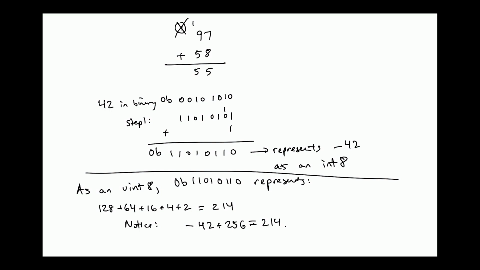What's so special about the number 256? Well, it's 2 to the 8th, and we're using 8 bits. So in our clock arithmetic, negative 42 and 214 are the same thing. Or they look the same.